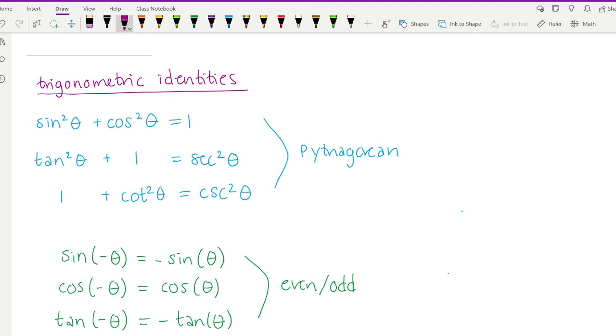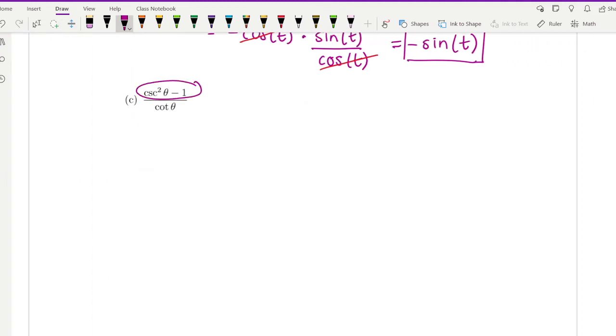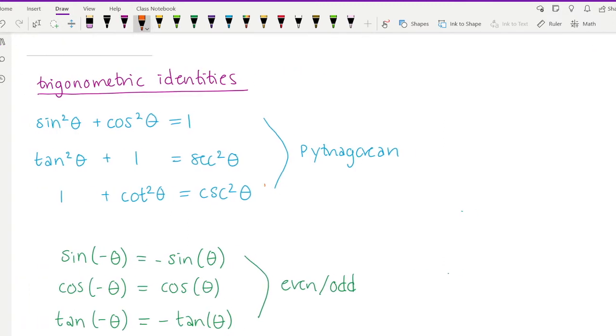So which one of these seems the most closely related to what we're working with here? Here we have cosecant squared minus 1. So let's look for a trig identity that looks most similar to this. How can we rearrange 1 plus cotangent squared is equal to cosecant squared so that it's cosecant squared minus 1?